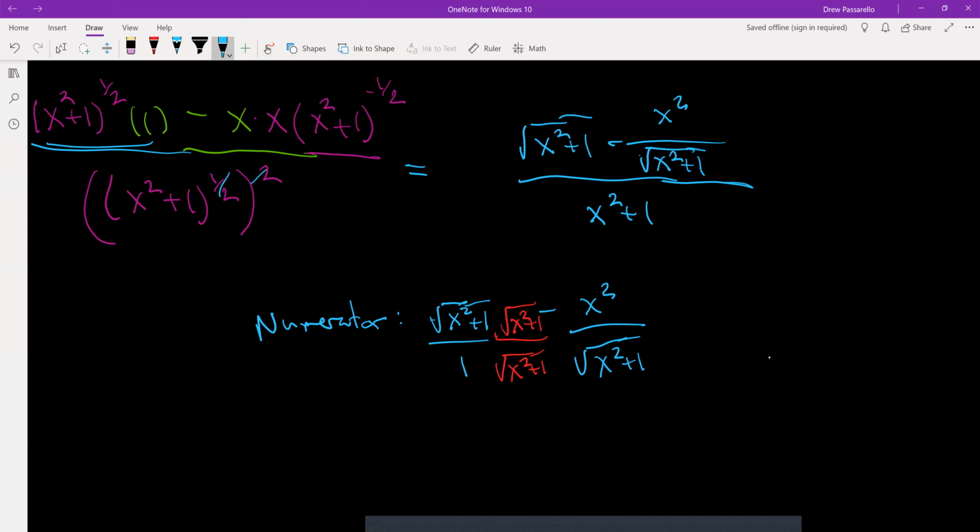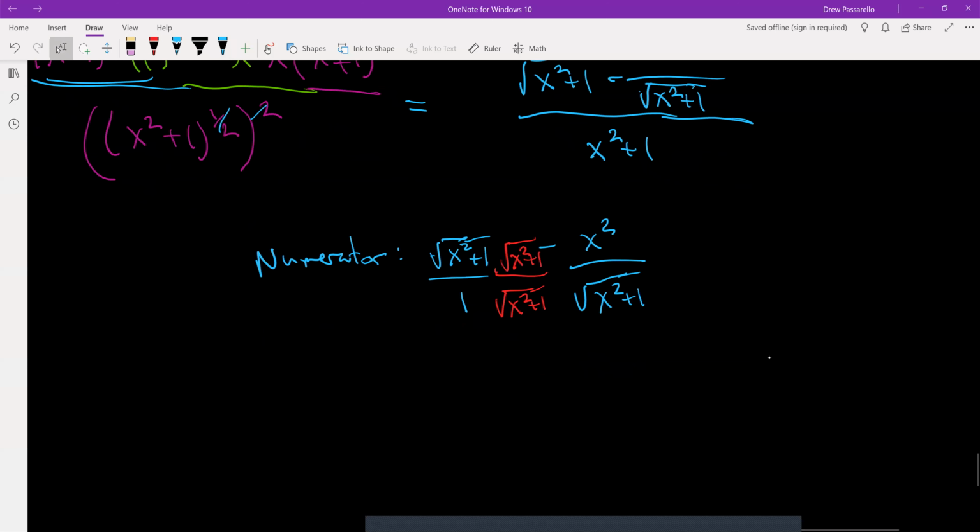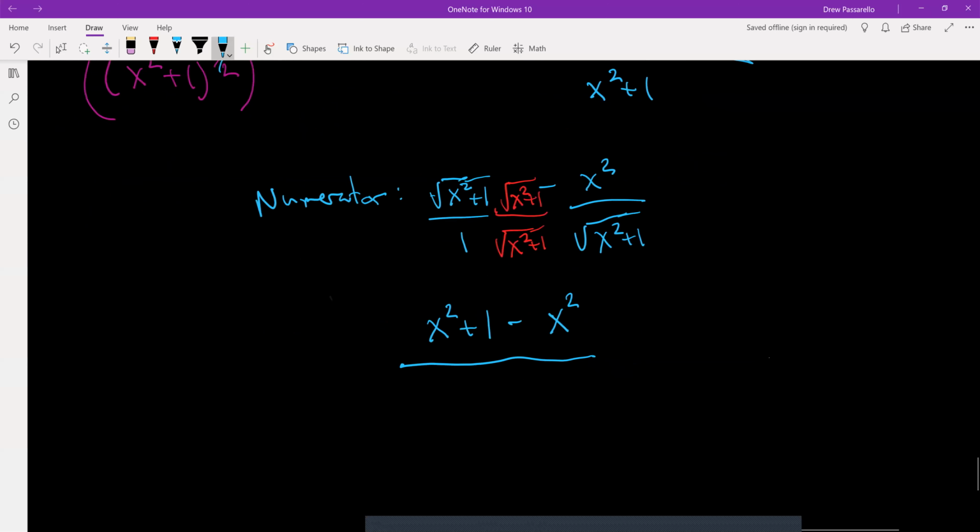What that gives me is that the square root times the square root cancels out the square root sign. So I would have x squared plus 1 from that part, and then minus x squared. Both fractions have the same denominator, so I'm going to write it as one fraction, and that one fraction has the square root of x squared plus 1 as its denominator.